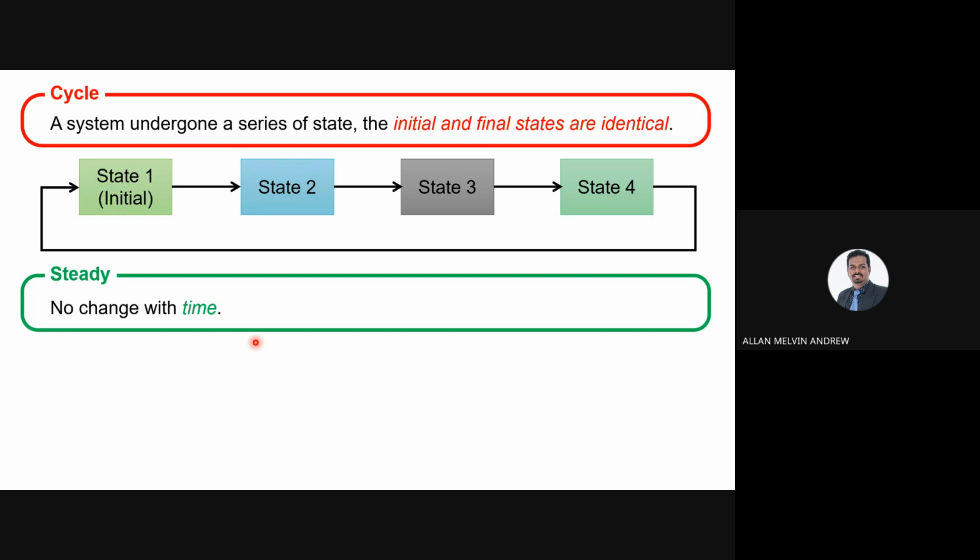Let's say you have hot water, and after 1 minute the temperature is not changing, so it is a steady thermal condition. But maybe after 1 hour the temperature is reducing, so it goes from steady to non-steady because it changes over time.